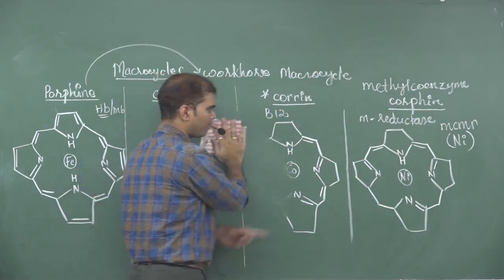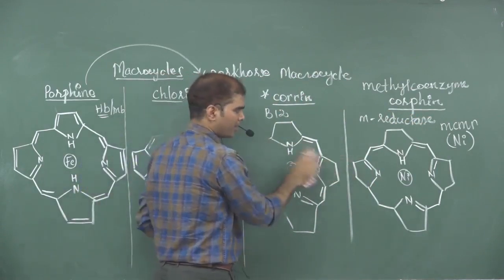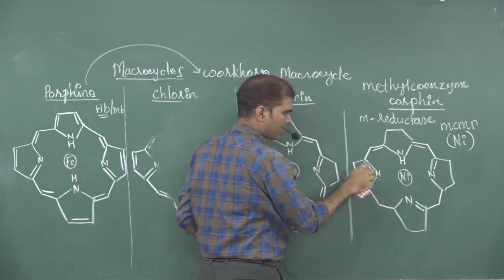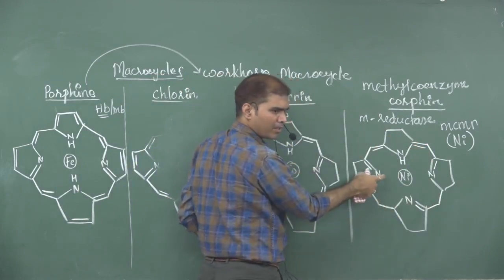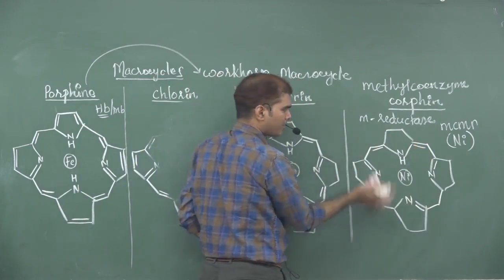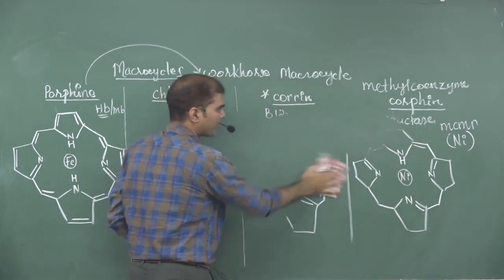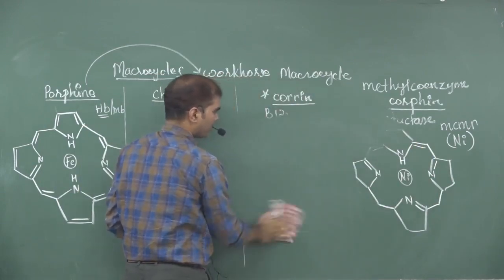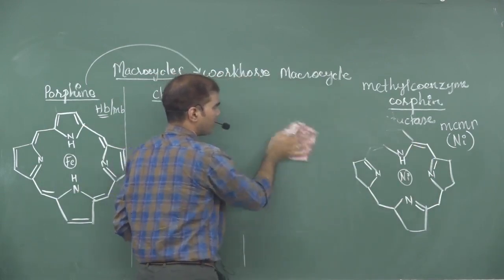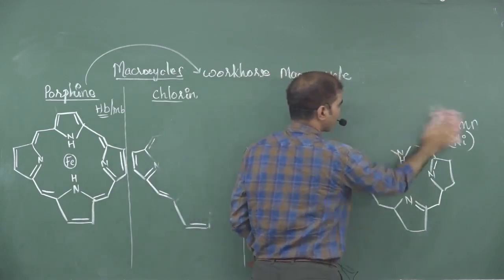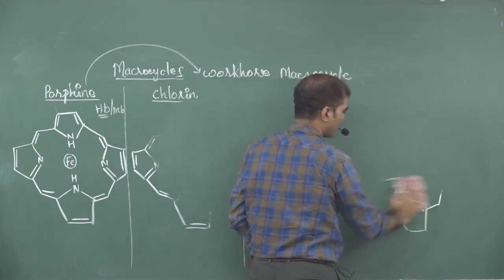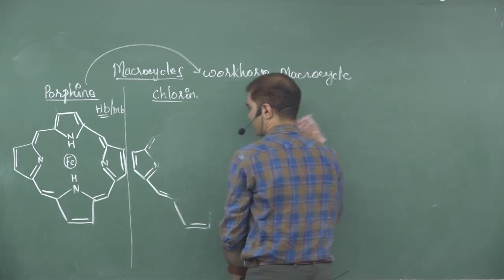It is actually not planar, it is puckered. If all the double bonds were in conjugation, then the ring would be planar, but this is non-planar. It is a puckered ring. On the board it looks like a planar one, but it is not a planar macrocycle.